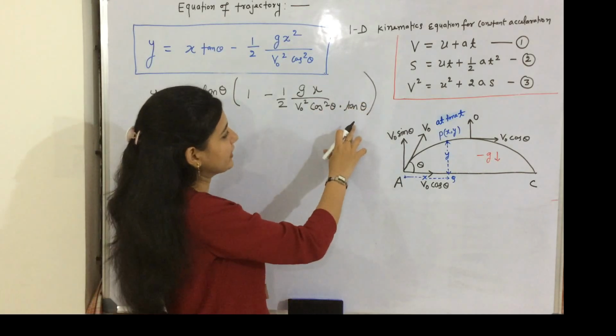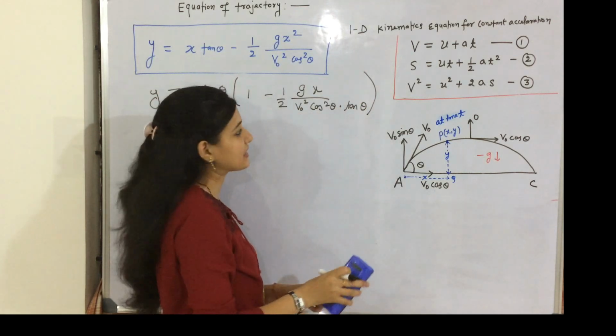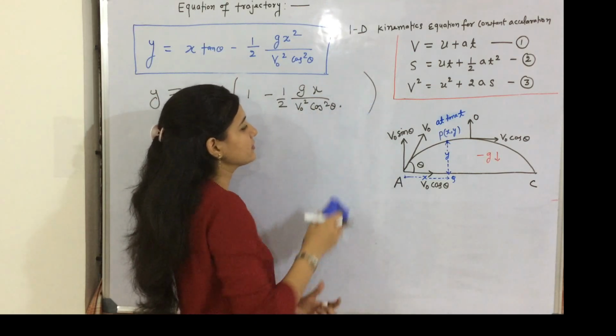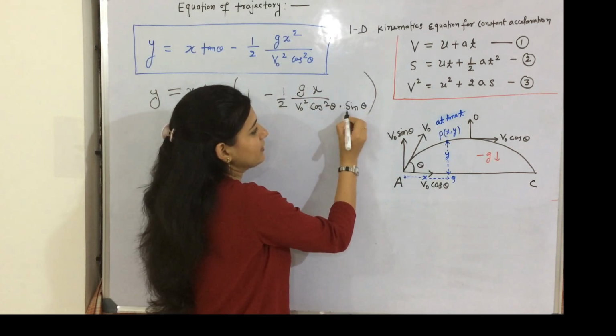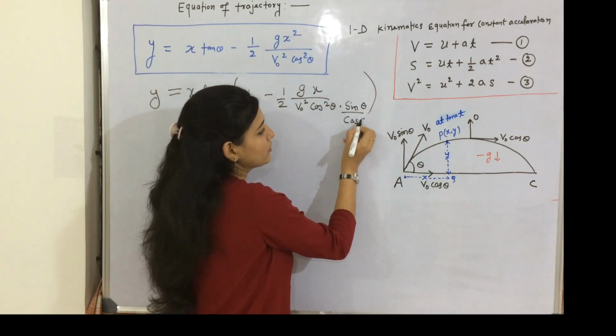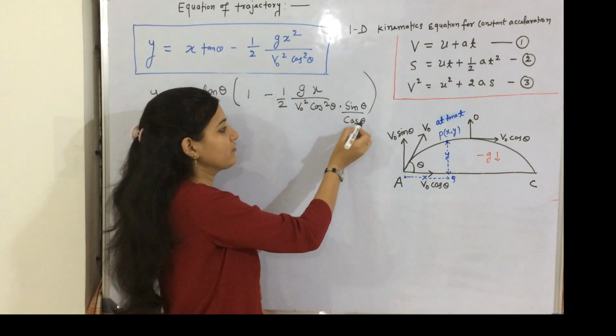So tan theta is sin theta by cos theta. So we can replace tan theta by sin theta by cos theta. Now one cos theta will cancel from here.